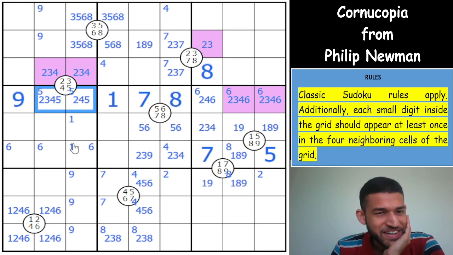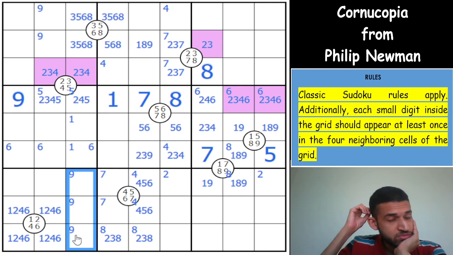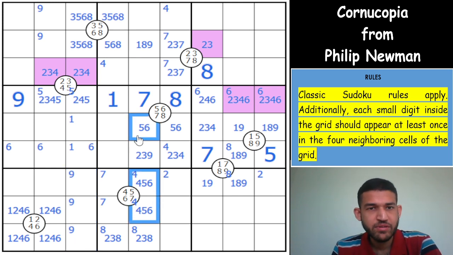Completely stuck here. I'm surprised that this triplet is giving us nothing here. 2, 3, 8, 9.